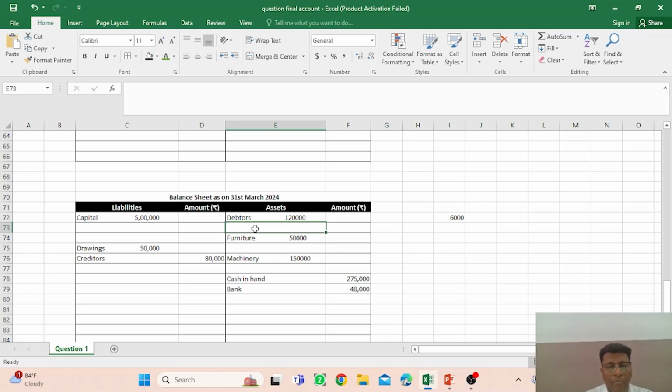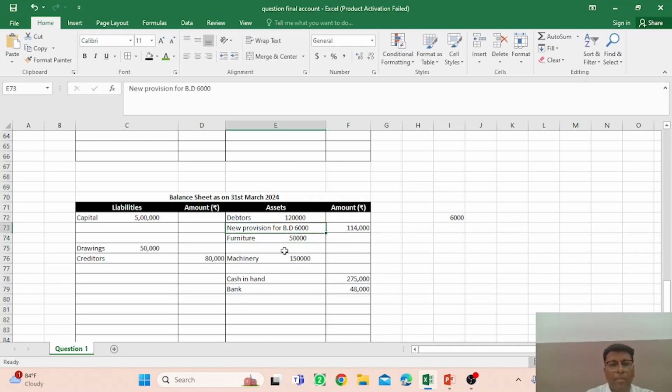It is the new provision for bad debts. What is the amount? Rupees 6,000. So you have to mention total 120, and it is to be subtracted, right? So 1,14,000.